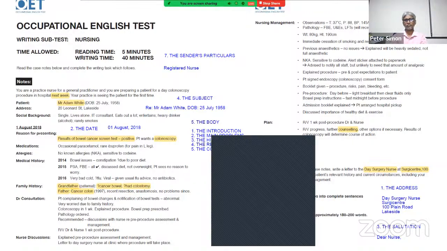Mr. Adam White or Mr. White, comma, who dash dash dash dash, comma, requires.